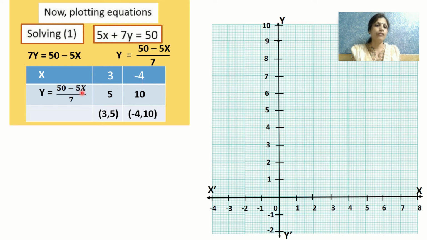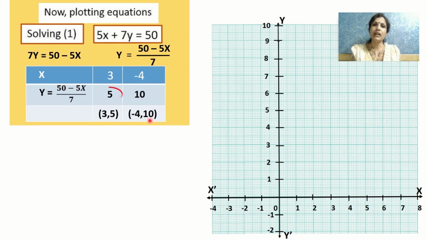Y is equal to 50 minus 5 into minus 4 is minus 20. Minus minus will become plus. So you get 50 plus 20, that is 70 upon 7, and 70 upon 7 is 10. So we get two coordinates, that is 3, 5 and minus 4, 10.